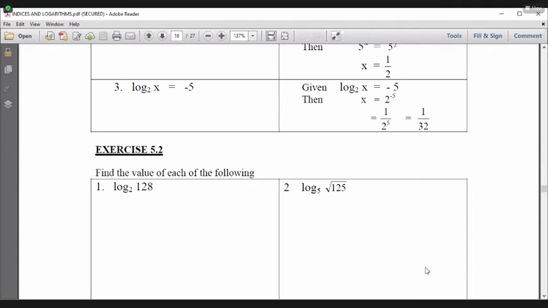The secret here is that it is a matter of rewriting the given number in index form of the smallest possible prime factor or number involved there.